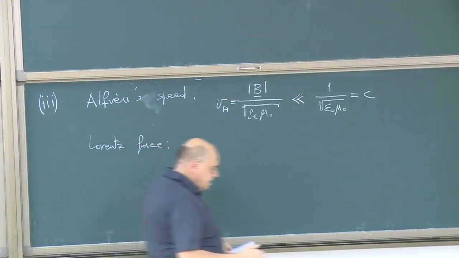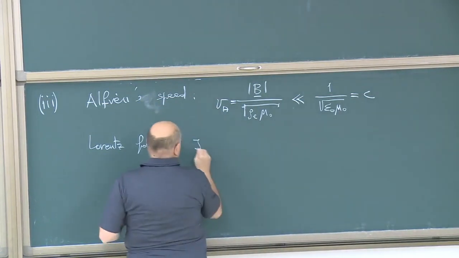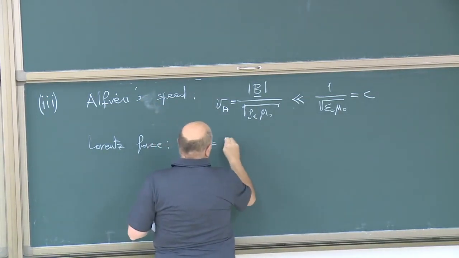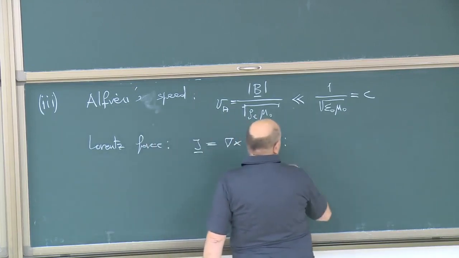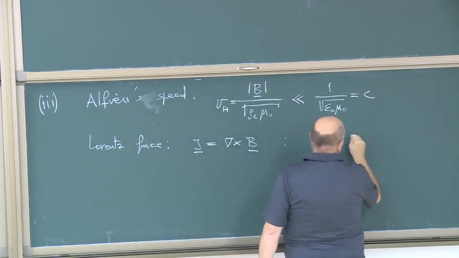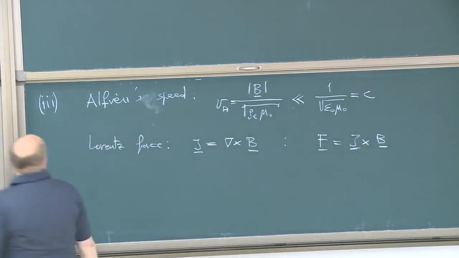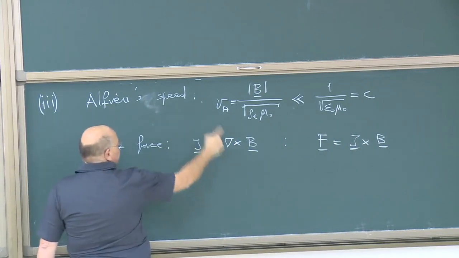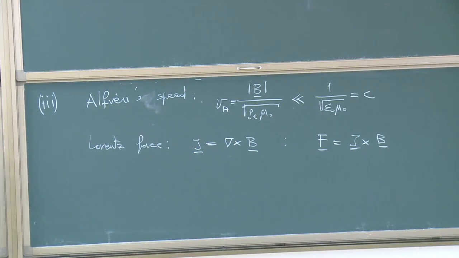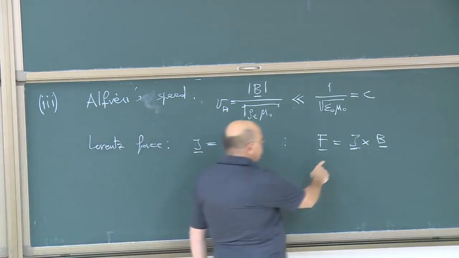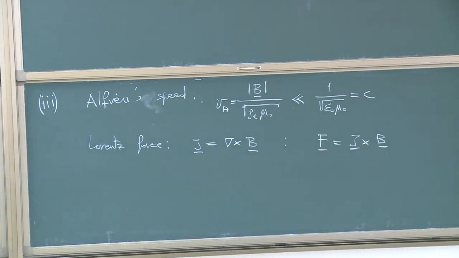Each field line is subject to this force, and this force is due to J and B, J cross B. So under these conditions we have this relation, and the Lorentz force is given by J cross B. There is a mu somewhere; I will drop it.